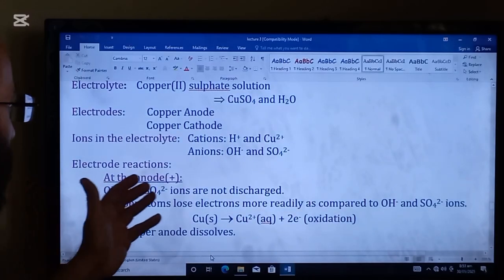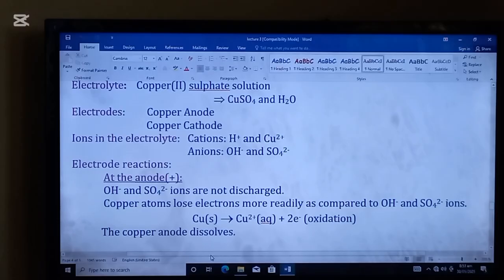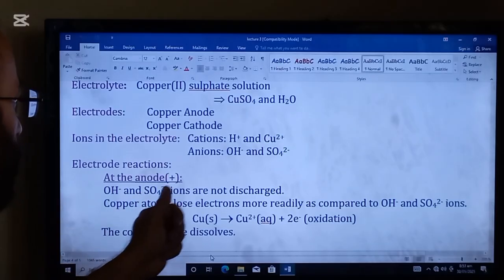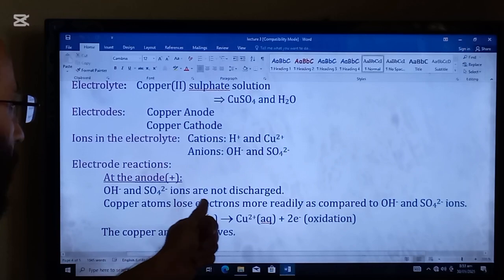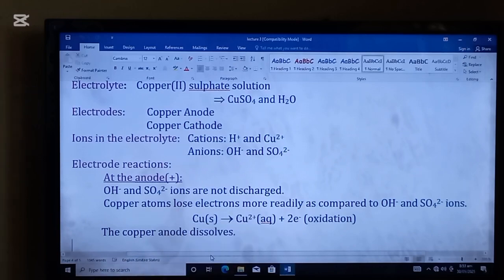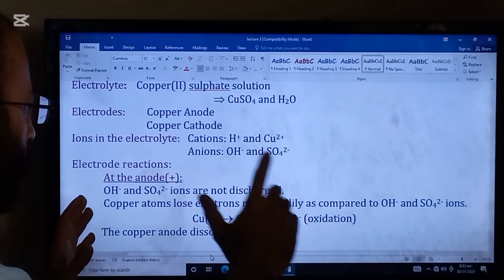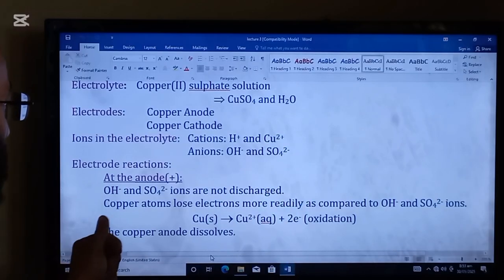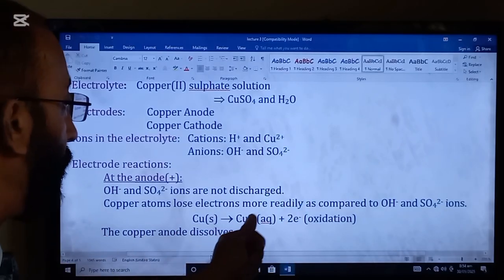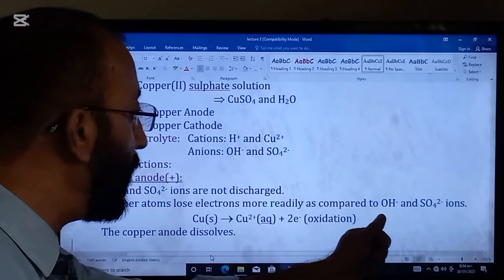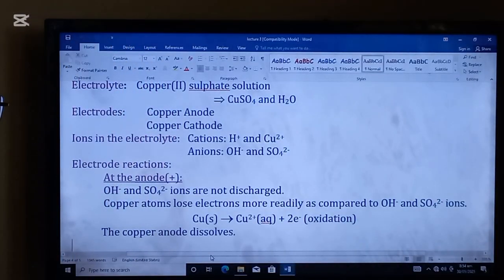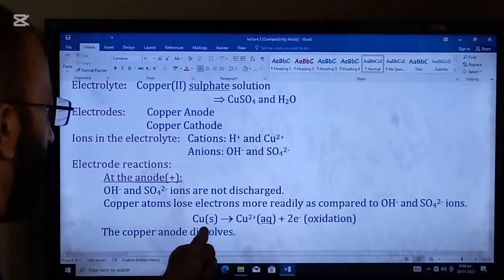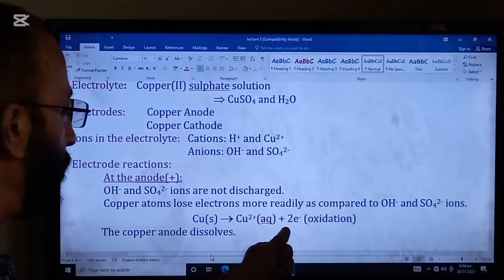Now, electrode reactions. At the anode, OH- and SO4 2- ions are not discharged because of the presence of certain electrodes. Copper atoms lose electrons more readily as compared to OH- and SO4 2- ions. The reaction is copper forms Cu2+ plus 2 electrons.